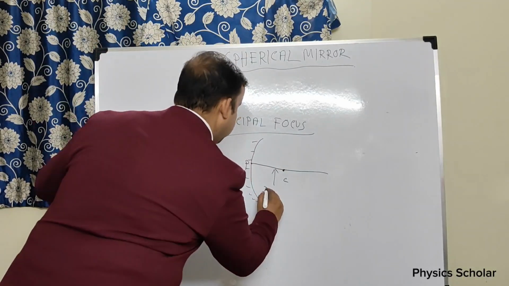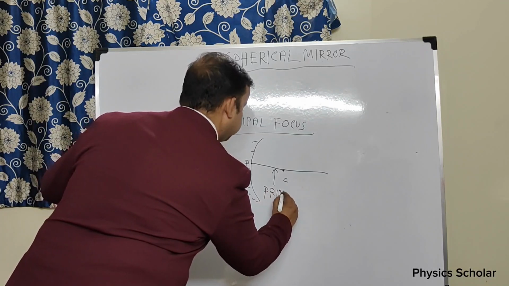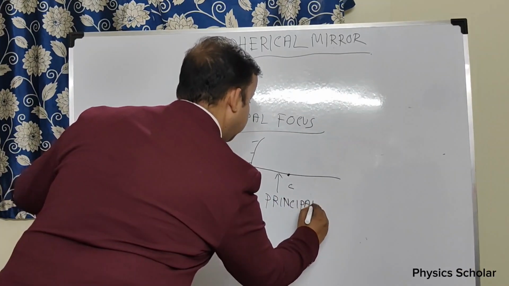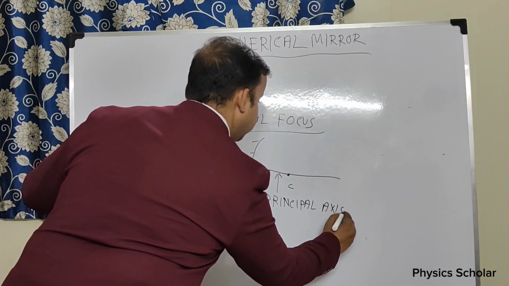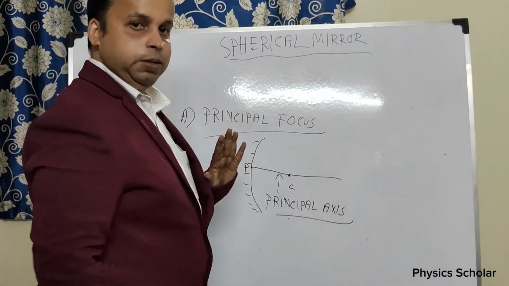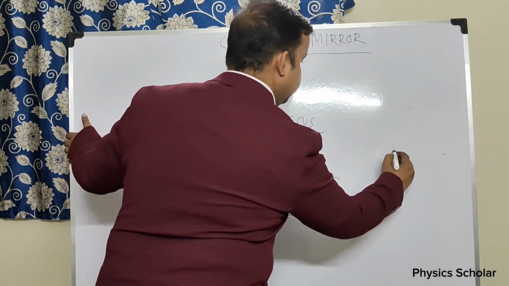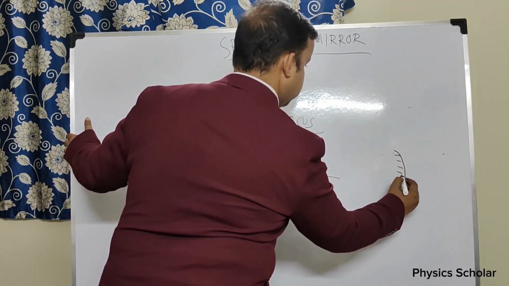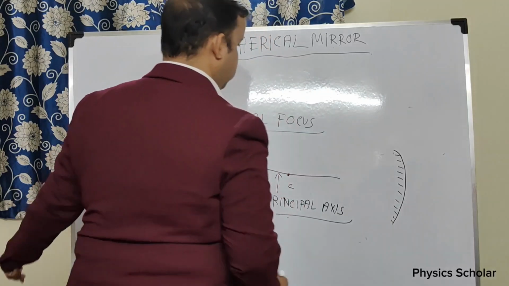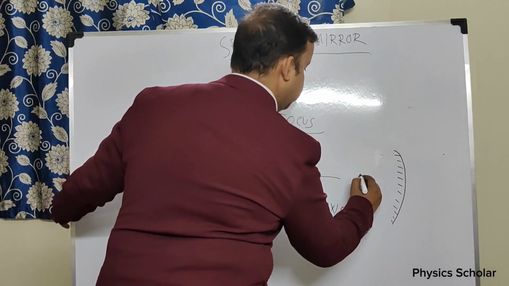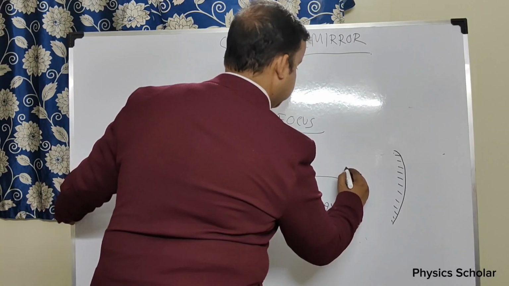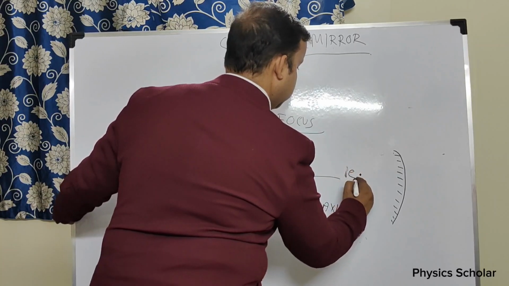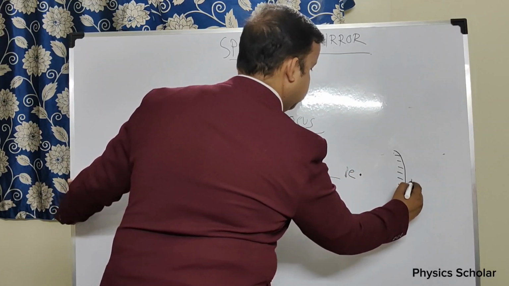So this line is known as the principal axis. Now suppose this is a convex mirror. This is the center of curvature, and this is the pole.